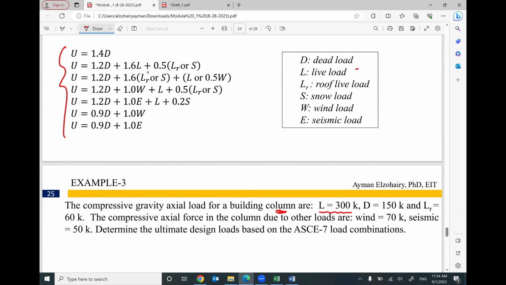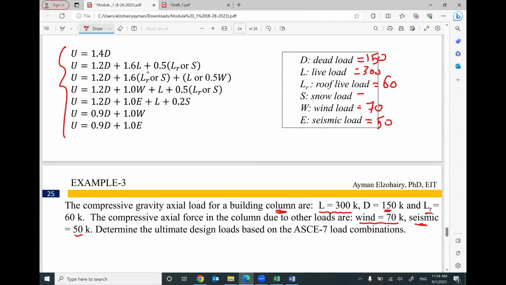That means the value of L equals 300. And the value of the dead load equals 150. And the value of roof live load equals 60. And the value of the wind load equals 70. And the value of seismic load equals 50.